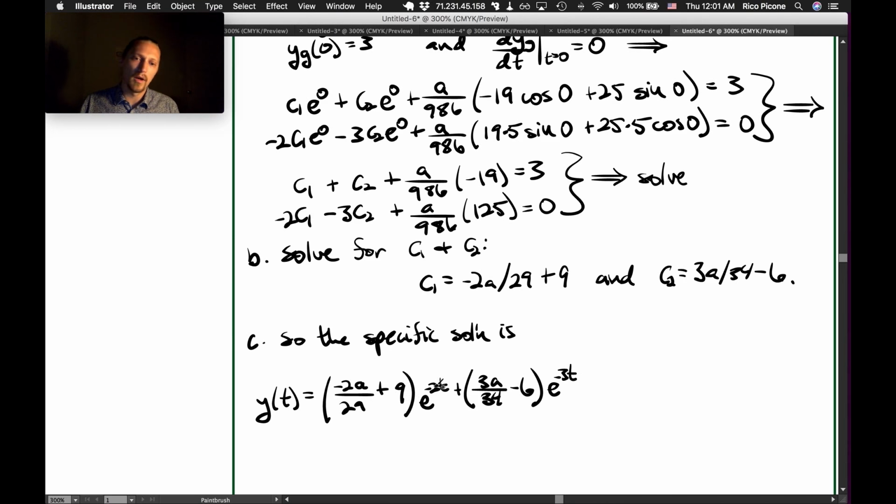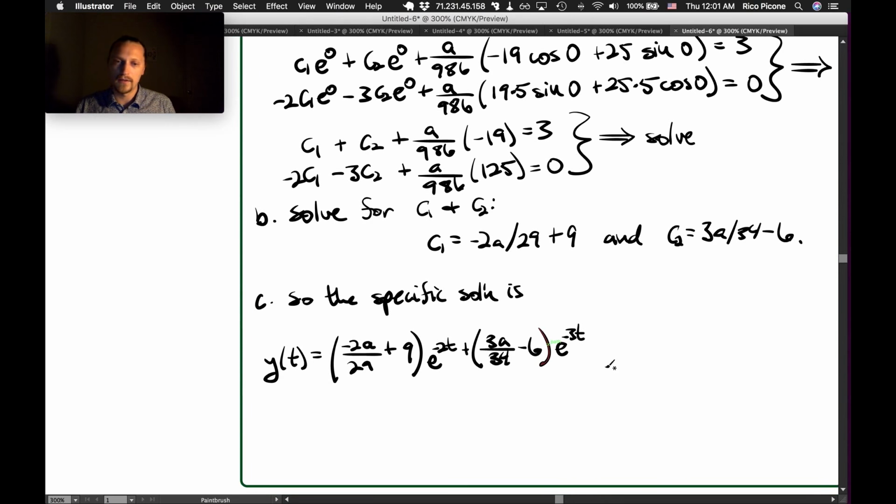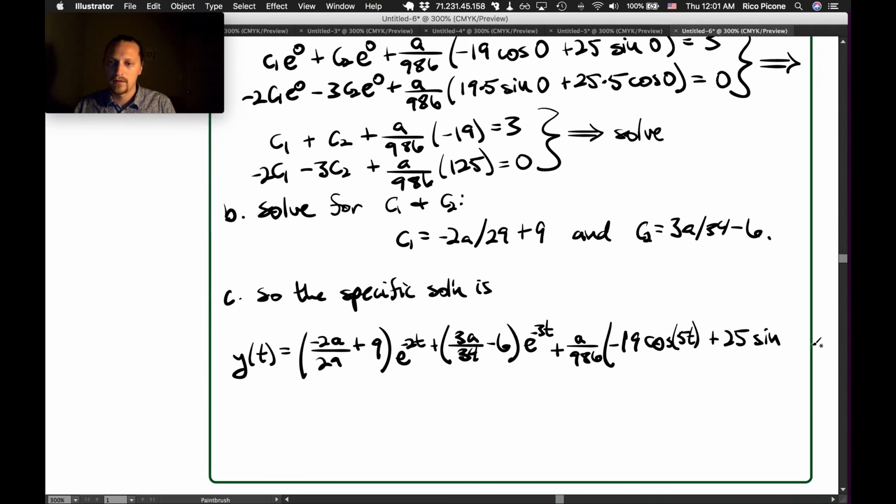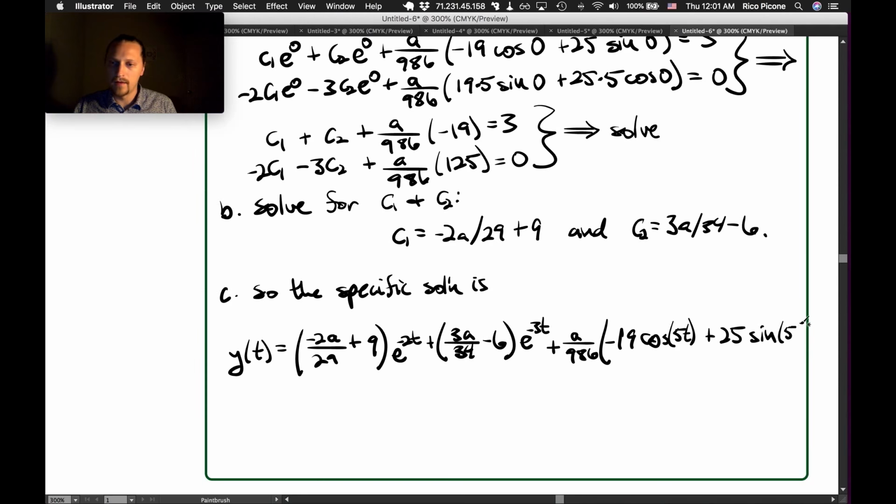So this was c1 e to the lambda 1t plus c2 e to the lambda 2t. Now we're plugging in our solutions for c1 and c2 and lambda 1 and lambda 2, plus A over 986 times negative 19 cosine 5t plus 25 sine 5t.